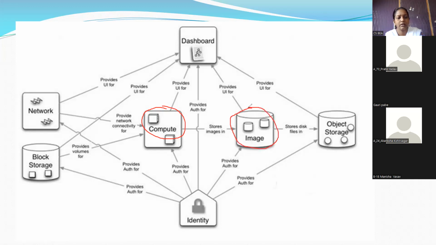Next part is nothing but the image. The instance of virtual machines or the disk image are stored as images in the image store, Glance. So this component will offer the image services to OpenStack.